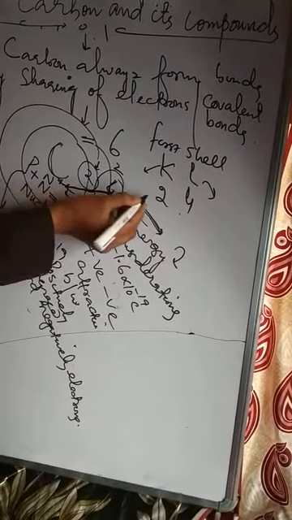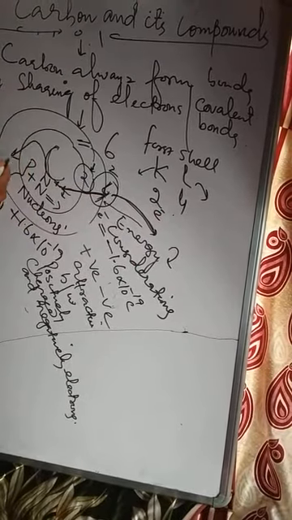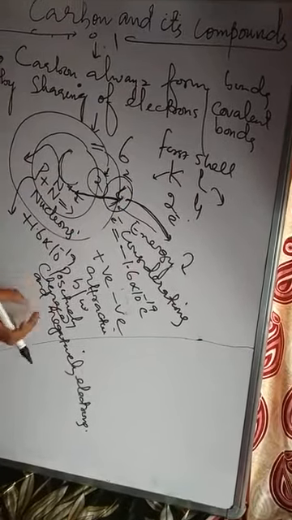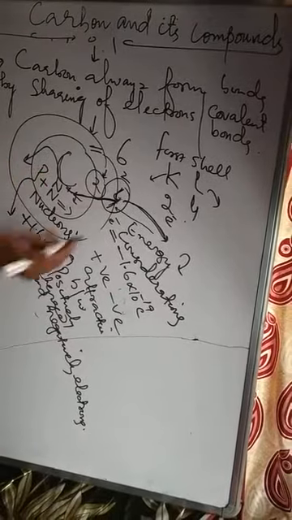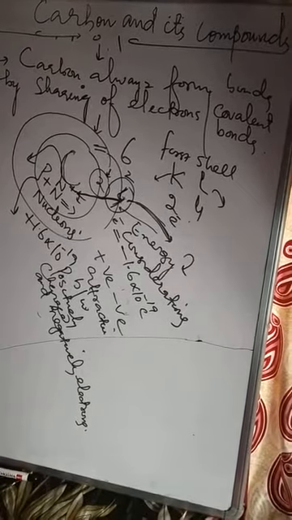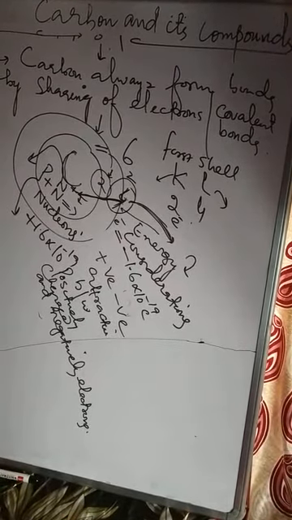The electrons have negative charge and the protons have positive charge, and there is always positive negative attraction between them. So I think you people have got this. Now let's take this forward.